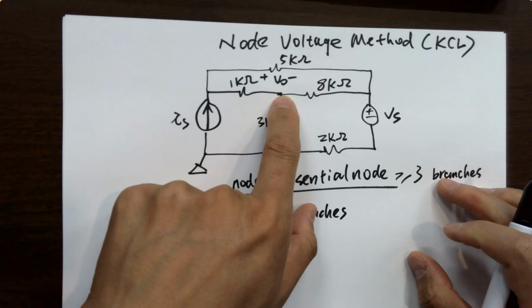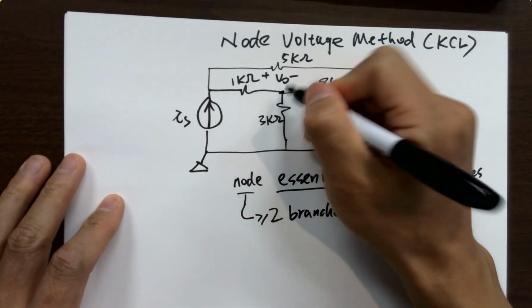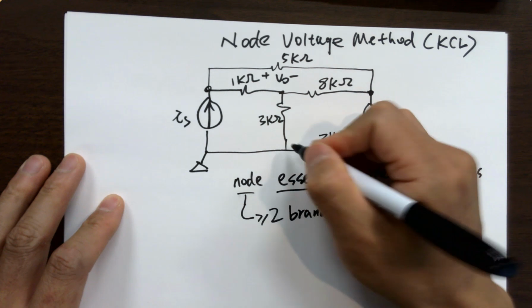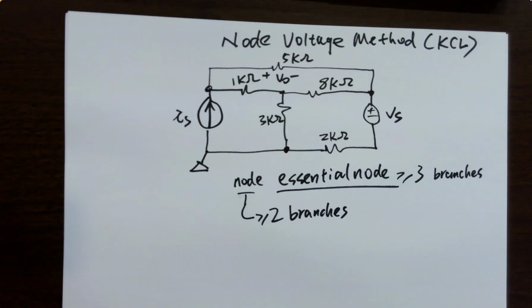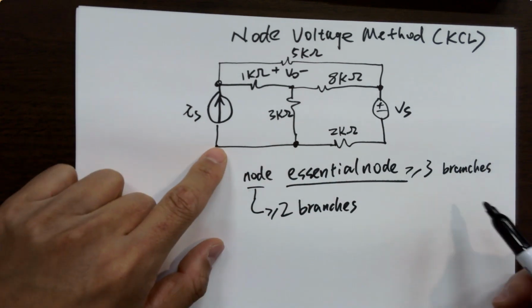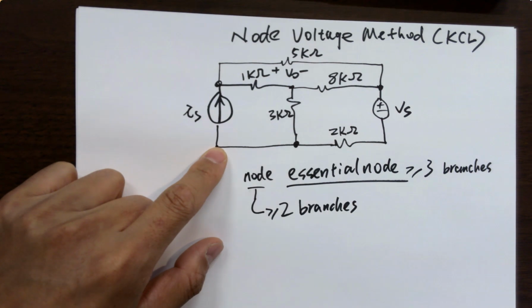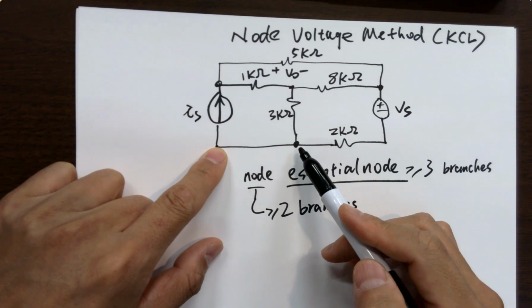For example, this one is an essential node because it has 3 branches connected to it. Essential node, essential node, essential node, essential node. So how many essential nodes in this circuit? 1, 2, 3, 4.